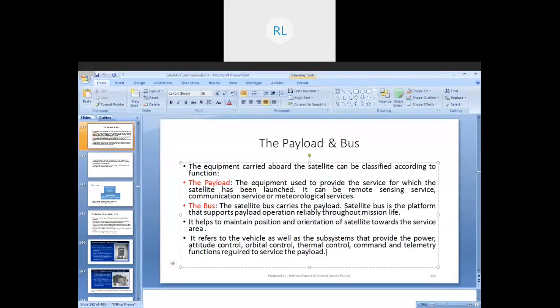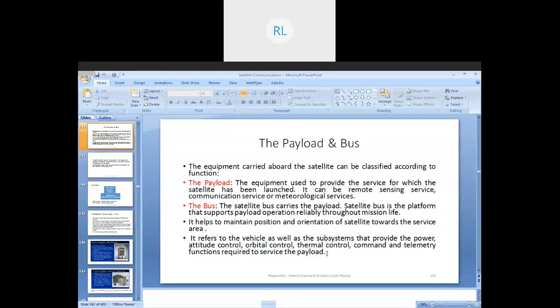It refers to the vehicle as well as the subsystems that provide the power, attitude control, orbital control, thermal control, and command, that is TTMC functions, required to service the payload. So all these are needed, not just designing a satellite.